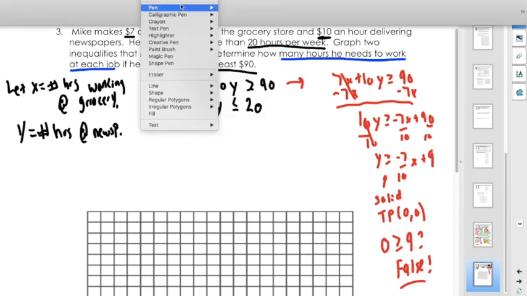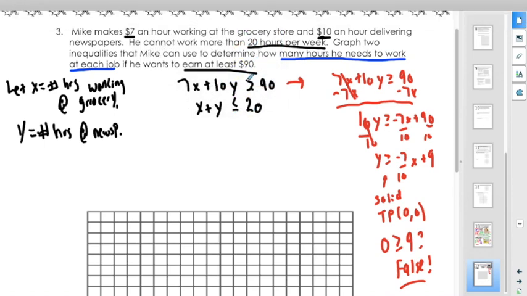Okay. Now let's use green for X plus Y less than or equal to 20. Getting Y by itself so that I can graph it: Y is less than or equal to negative X plus 20.